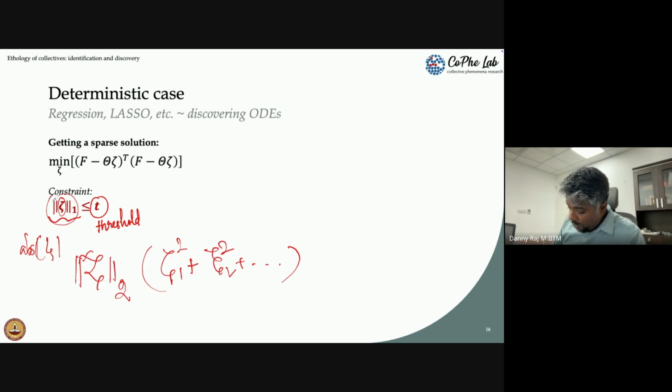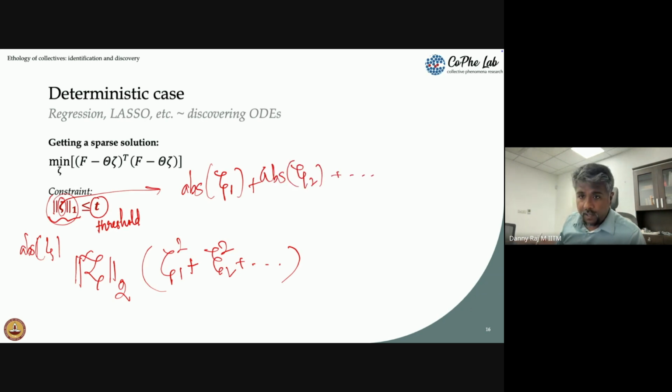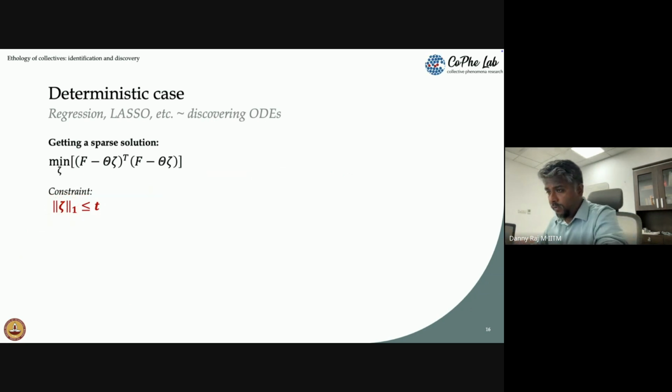If it is a 1 norm, you're taking the absolute value of chi1 plus absolute value of chi2 and so on. So you're adding the absolute values of them, and you're saying the overall sum of them should not exceed a certain value. You're bringing in a constraint.